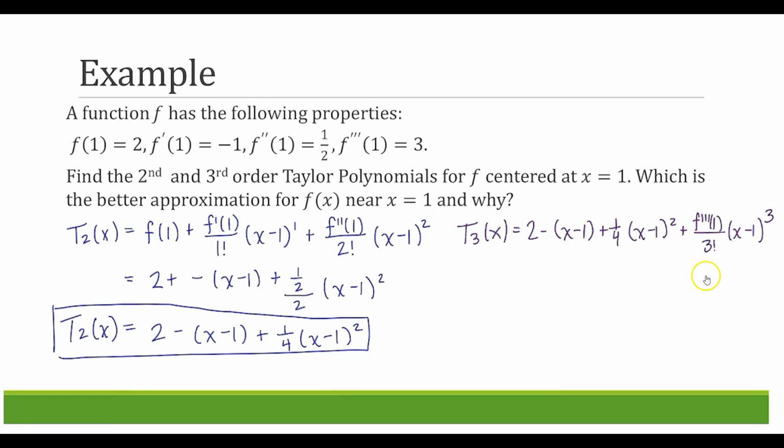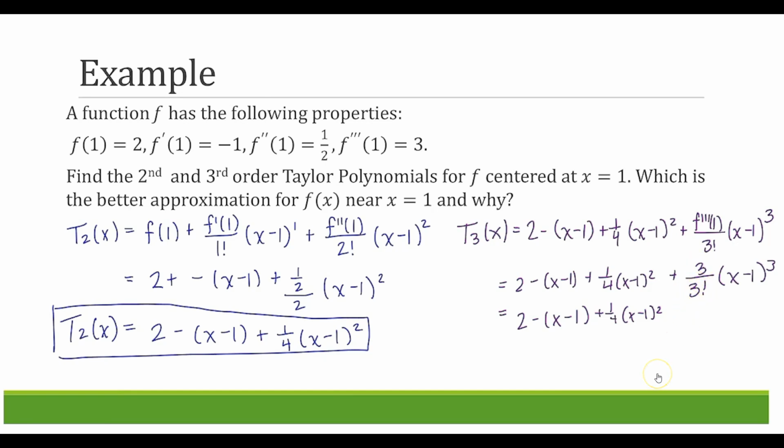I'm writing it generically first, but now I need to substitute in this value, which was just 3. So this term is 3 over 3 factorial times (x minus 1) to the third, and then I continue with all the remaining pieces. Those are still there. Then I can simplify the last term: 3 factorial is 3 times 2 times 1, which is 6.